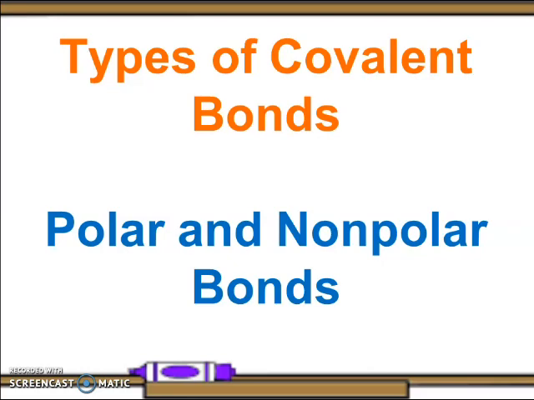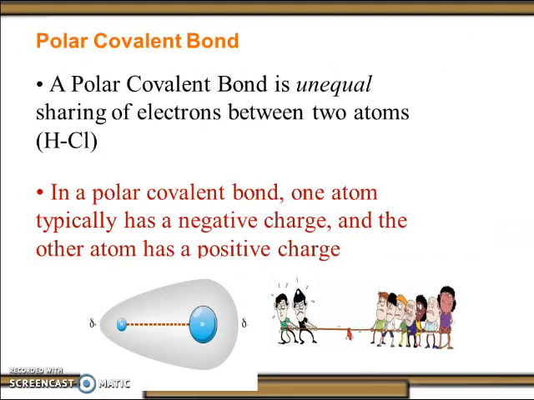Atoms can share their electrons equally or unequally. Polar covalent bond. Polar covalent bonding is a type of chemical bond where a pair of electrons is unequally shared between 2 atoms. In a polar covalent bond, the electrons are not equally shared because one atom spends more time with the electrons than the other atom.